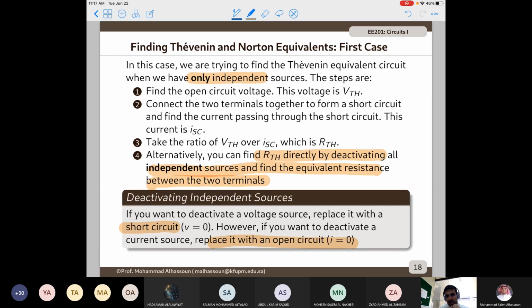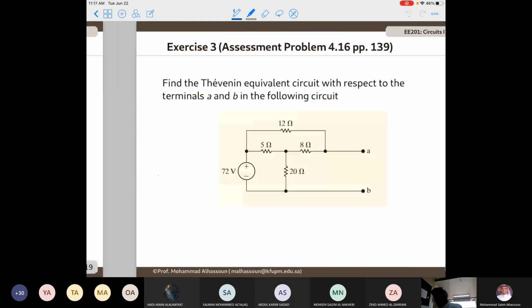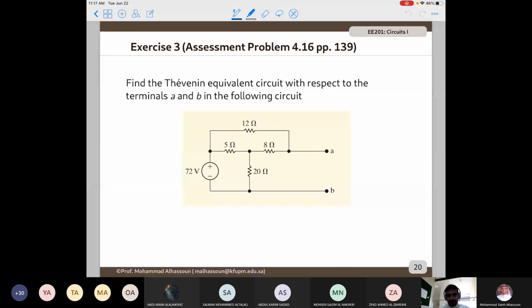Okay? So let's illustrate it with an exercise. We have the following circuit. In our case here, it's disconnected. So the load is supposed to be connected here. The first part about disconnecting the load is not there anymore because the load is disconnected.